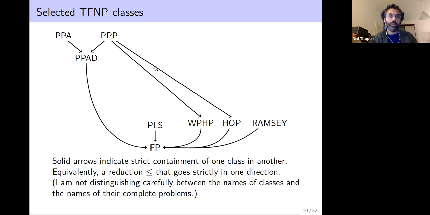So this is, on the face of it, much easier than this one. This is some kind of ordering principle, where you have to find a least element in a binary relation that's an ordering. And this is the Ramsey principle again. And I'll come back to PLS. And yeah, so these arrows indicate containment of classes, or really, here, this is a search problem, but I kind of mean the class of things reducible to these problems. And they're related like this.